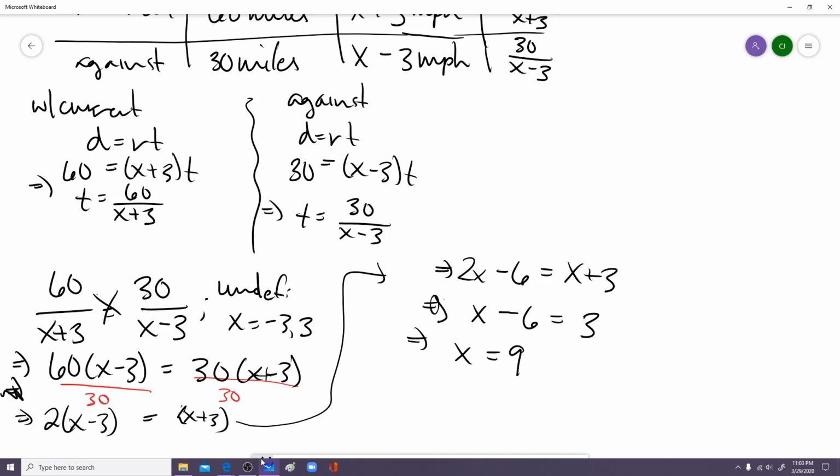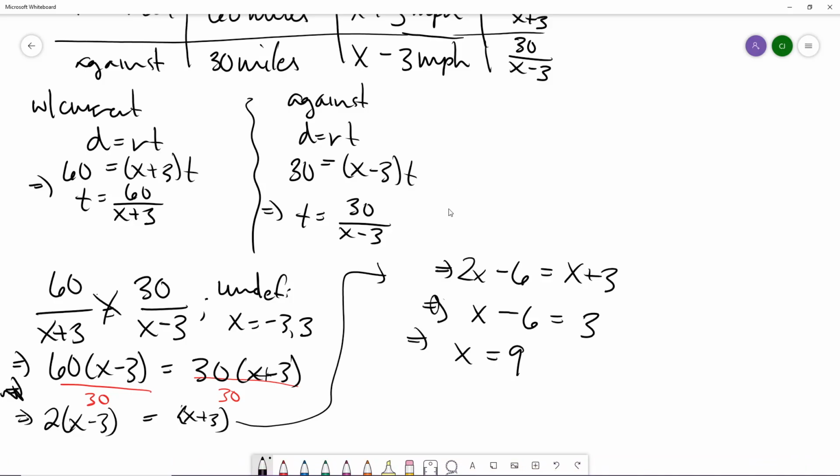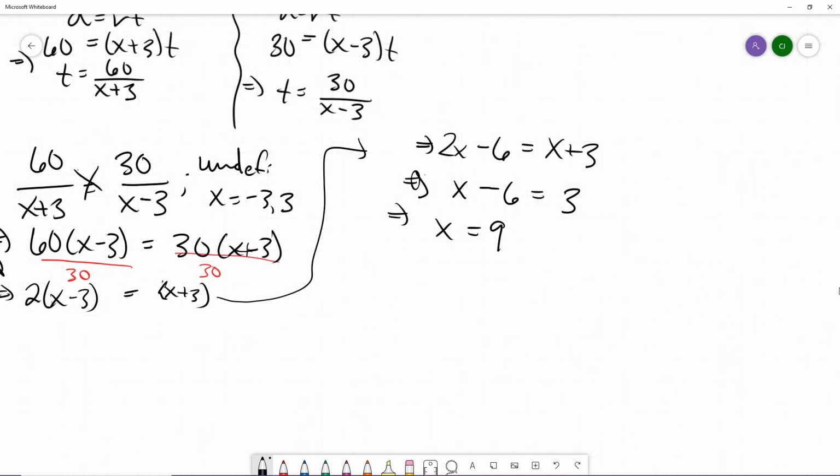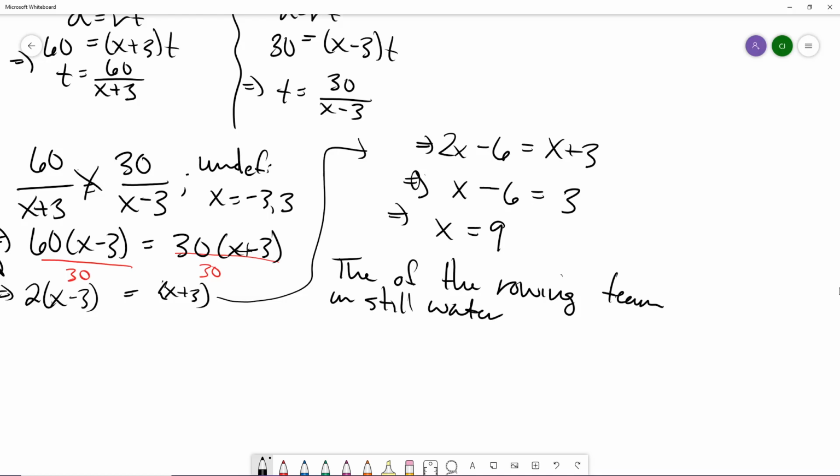I'm going to do a quick check. 9 is not equal to negative 3, and 9 is not equal to 3. What does that mean? That means, let's go back up to our question. It says, find the rate of the rowing team in still water. So to answer the question, the rate of the rowing team in still water is 9, and we cannot forget our labeling.